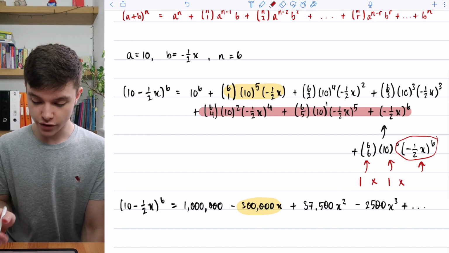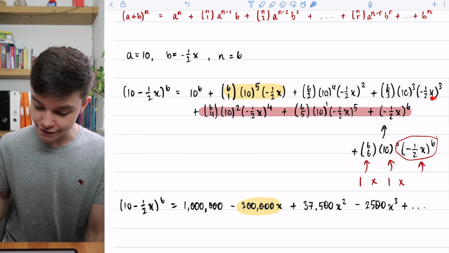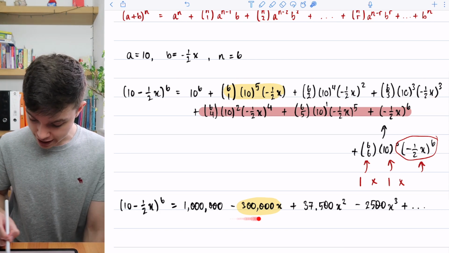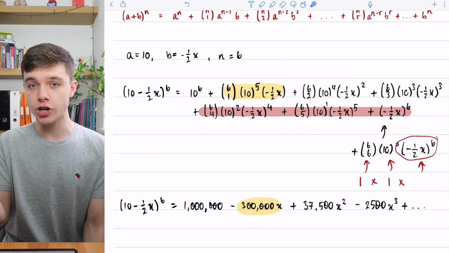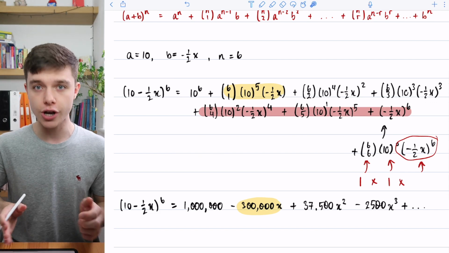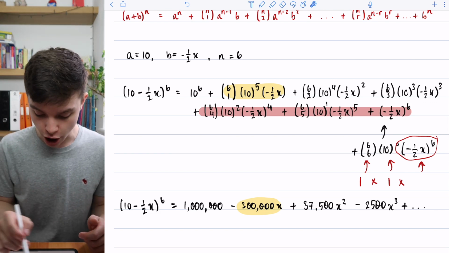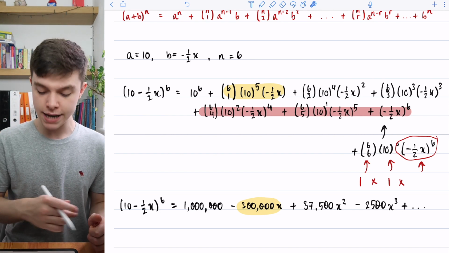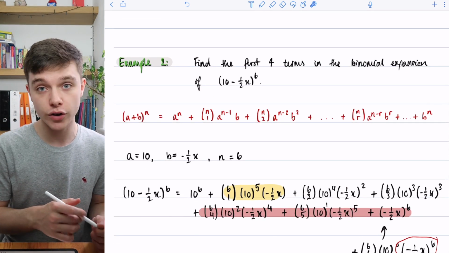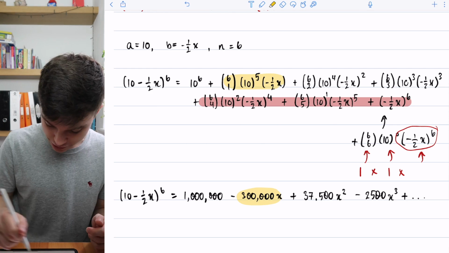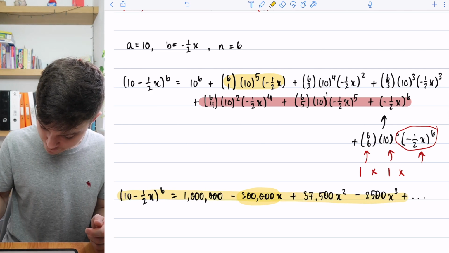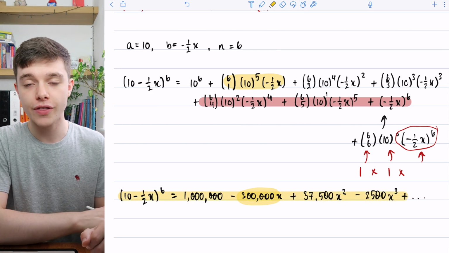We only wanted the first four terms, so I could have stopped there if I really wanted to. I will do that in my calculation by putting dot, dot, dot, okay? Those are the first four terms, but the expansion does carry on with these three. But we don't need to write them down because it just asks us for the first four terms. So that there is our final answer for the expansion.